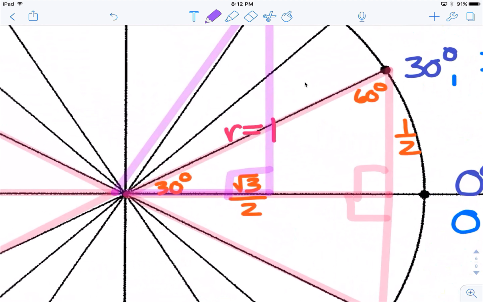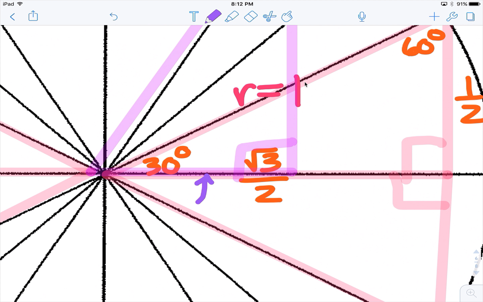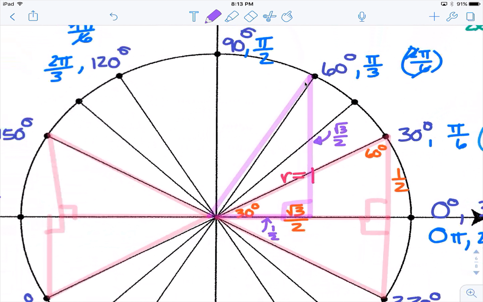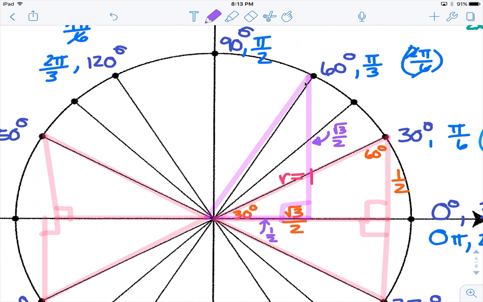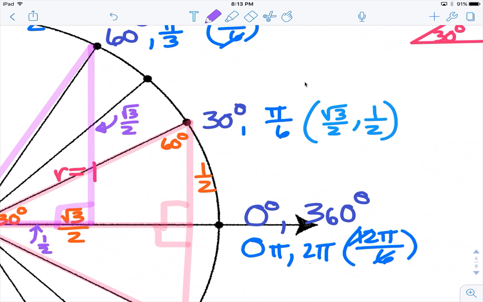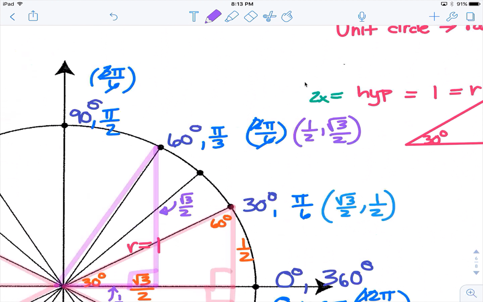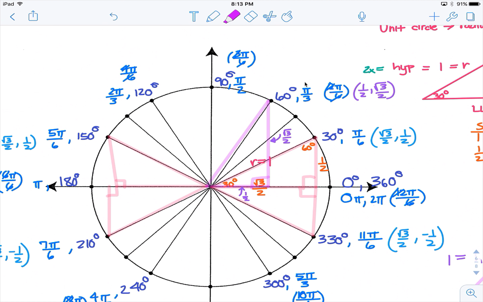So on the purple triangle, this length is equal to 1/2, and this one is equal to root 3 over 2. So for the x and y coordinates at 60 degrees, they are just flipped. Instead of root 3 over 2, 1/2, we have 1/2, root 3 over 2. Okay, now we need to reflect that into the other quadrants.